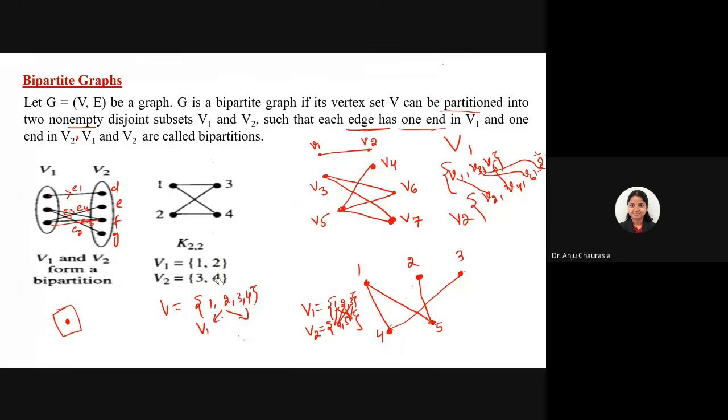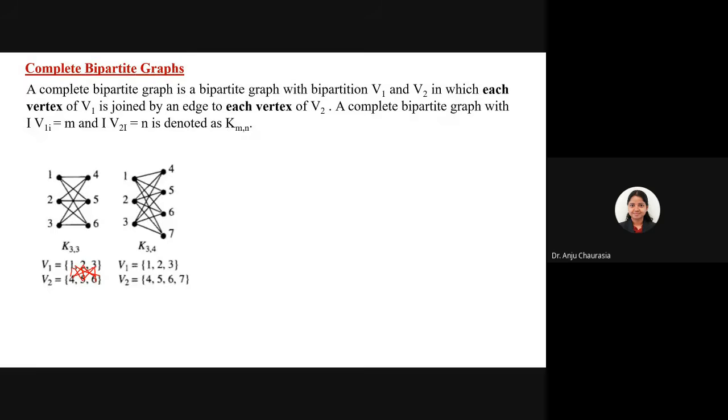And here also you can see this is connected to this but not connected to the other one, but all definitions will follow here. You can see here 1, 2, 3 is the first vertex set, 4, 5, 6, 7 is the second vertex set, and you can see 1 is connected to all other vertices present in the second vertex set, 2 is connected to, you can check, student, if anything is doubtful.